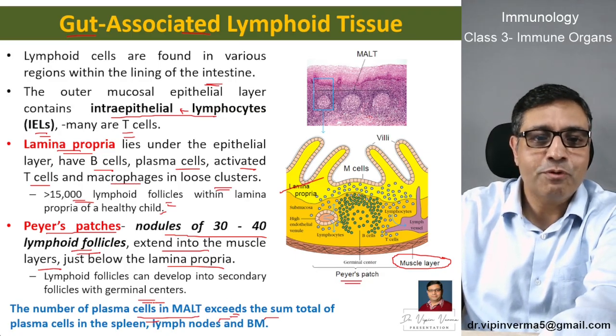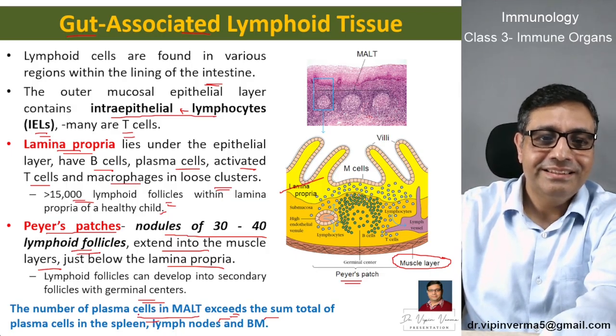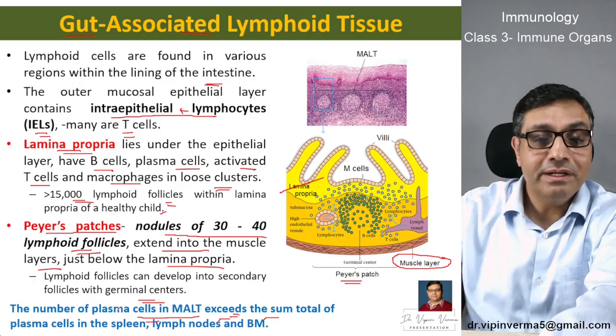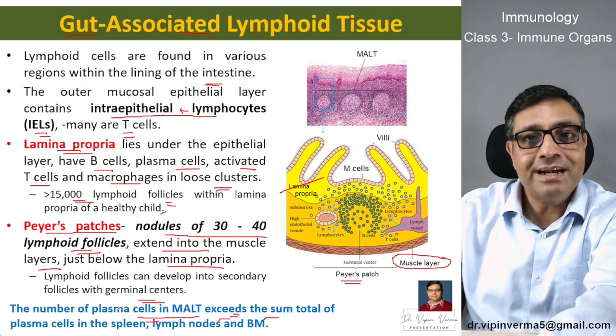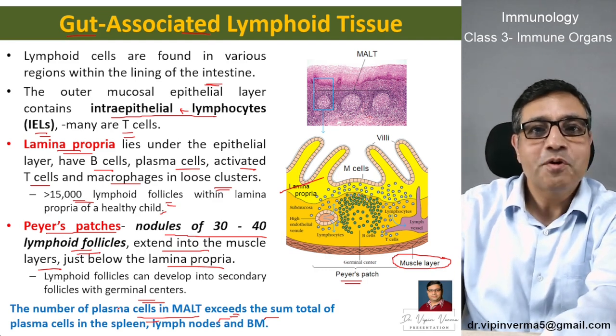It's very important to know. In the entire gut associated tissue, if you count the plasma cells, the total is much more than if you combine the spleen, lymph nodes and bone marrow.